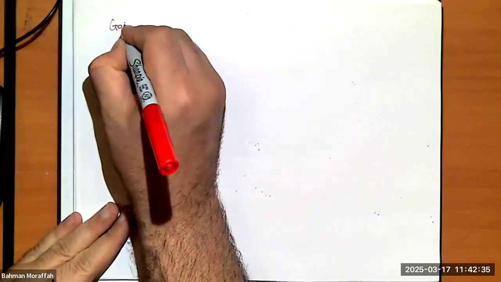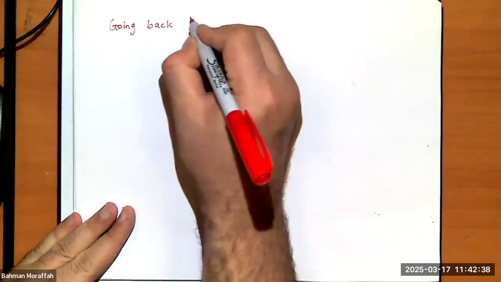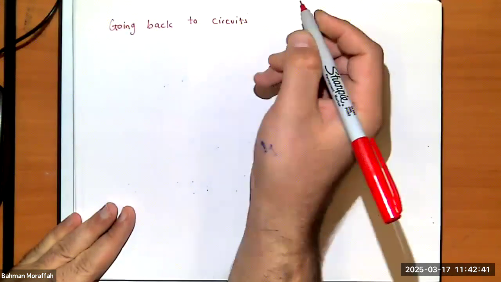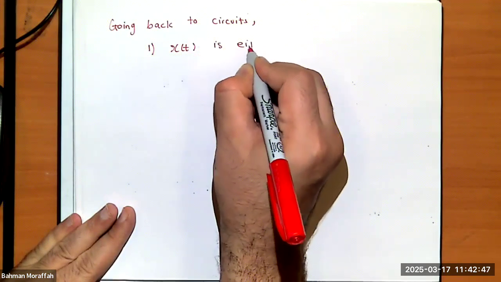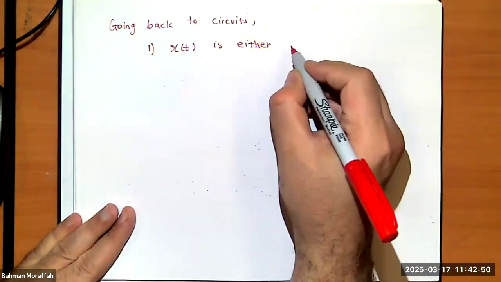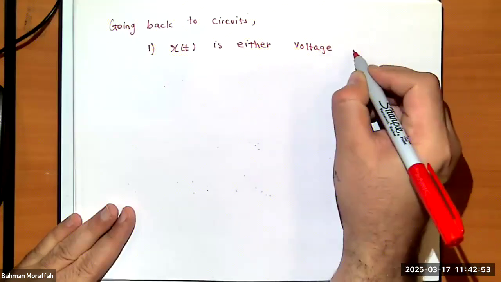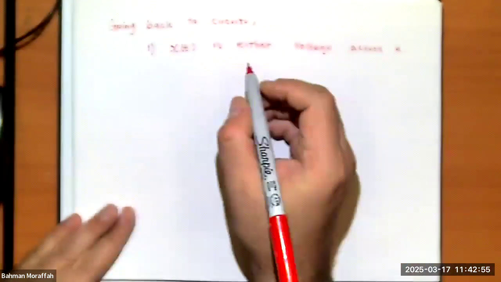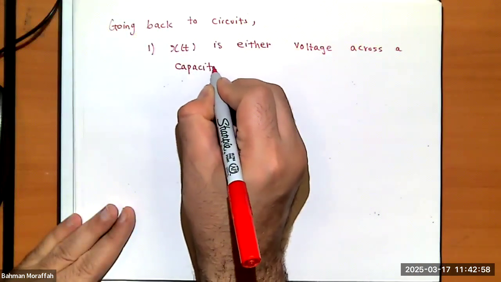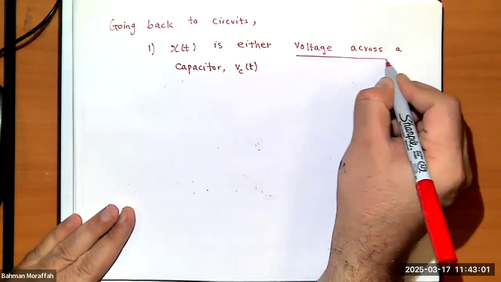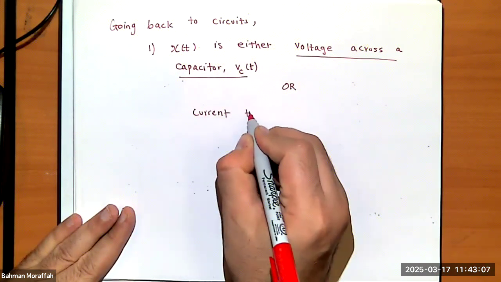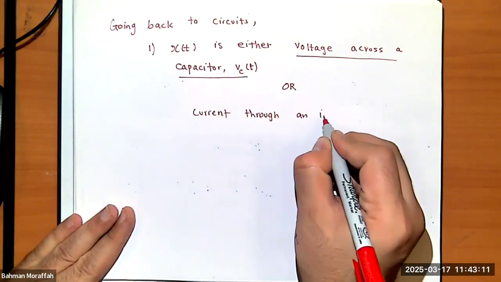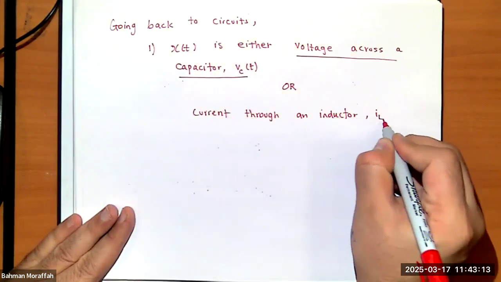So going back to circuits, x of t is either voltage across a capacitor, Vc of t, or it's a current through an inductor, IL of t.